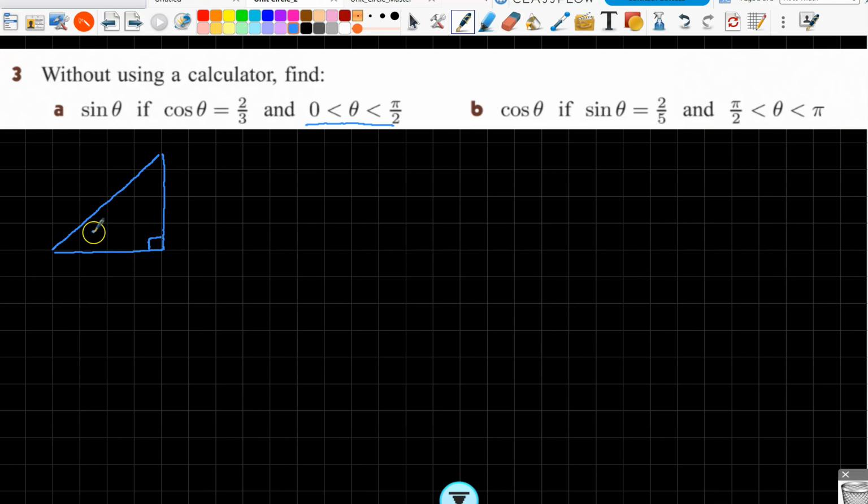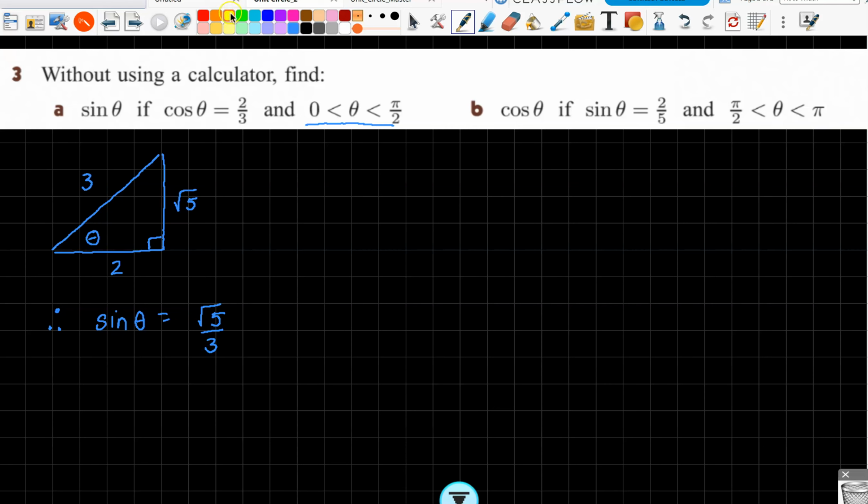So you put theta this time, cos is 2/3, so adjacent over hypotenuse. 3 squared take 2 squared is 5, but then you have to square root it. So there we go. That means, therefore, sine theta is opposite over hypotenuse. So it's going to be root 5 on 3, but now we have to decide, is it positive, is it negative, or can it be both?